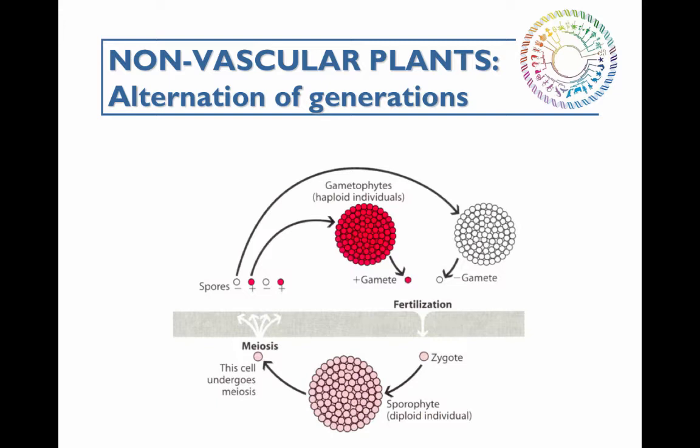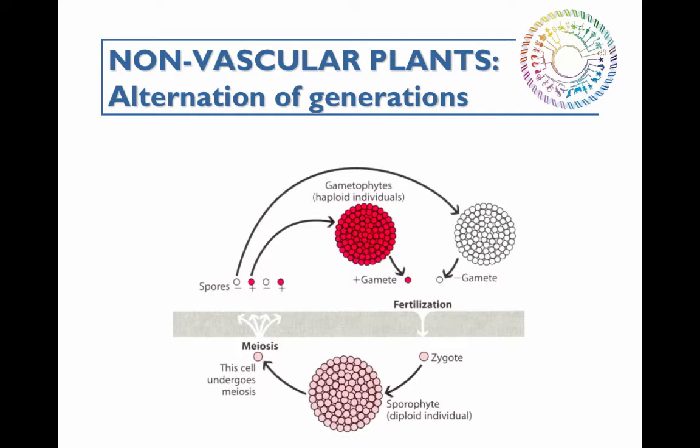All plants, irrespective of whether they have a vascular system or not, have a life cycle that shows alternation of generations. And that's illustrated by this diagrammatic life cycle here, in which there's this horizontal grey line dividing the life cycle into two halves. Here on the left-hand side, we have meiosis, which is cell division accompanied by the halving of the chromosome number.